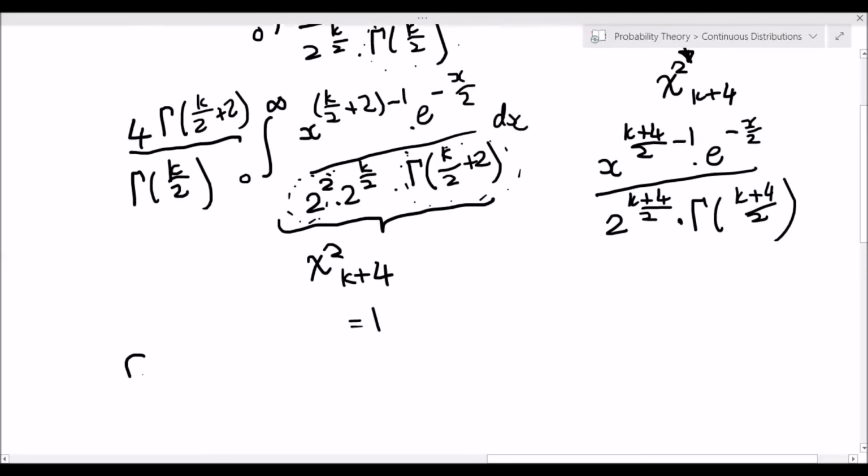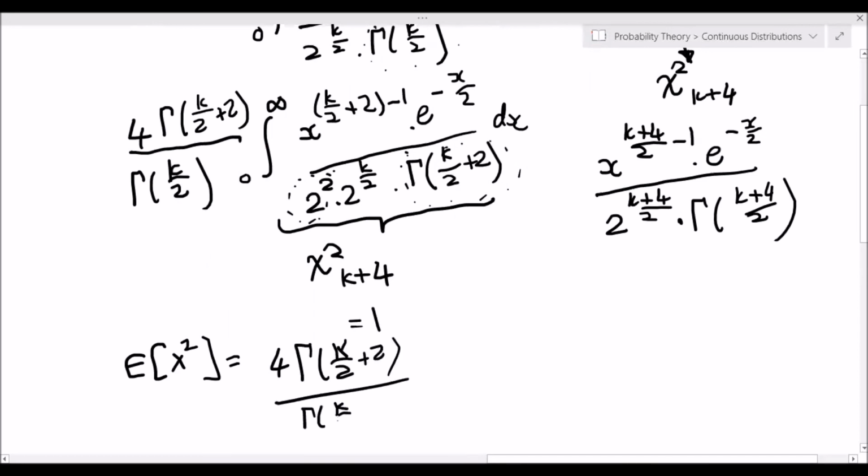So then we have the expected value of X squared is equal to 4 times the gamma of k/2 plus 2 divided by the gamma of k/2. And we can further simplify this as 4 times (k/2 plus 1) factorial divided by (k/2 minus 1) factorial.